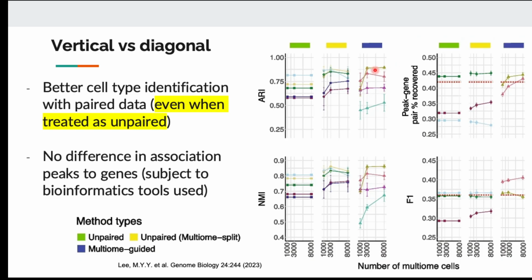So it performs best when you have the actual paired data. So in practice, you don't have to worry too much when you integrate data across laboratory, because with the right assumption and the right tools, you can still recover similar cell type classification performance.